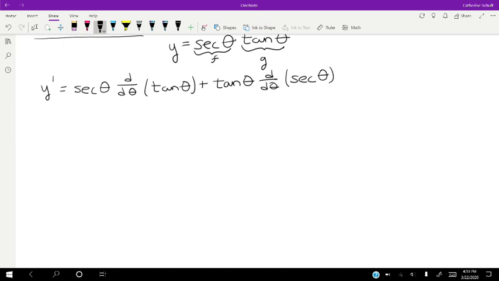And now, normally you do the product rule or the quotient rule first, and then we go through and take the derivative when the product rule or quotient rule tells us to. So, for instance, we know that the derivative of tangent is secant squared theta. And we know that the derivative of secant theta is secant theta tangent theta.